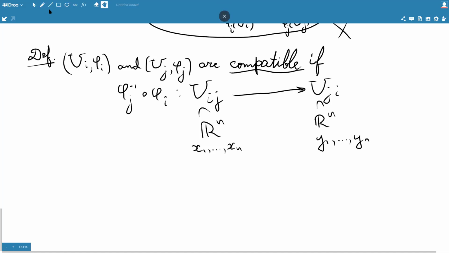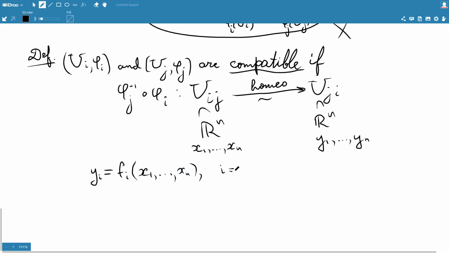So the map phi_ij, which is the homeomorphism, is given by certain functions f_i of x_1 up to x_n, and we impose the condition that the functions are infinitely differentiable, shortly denoted by C infinity.